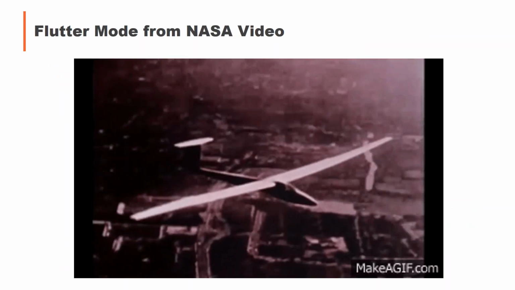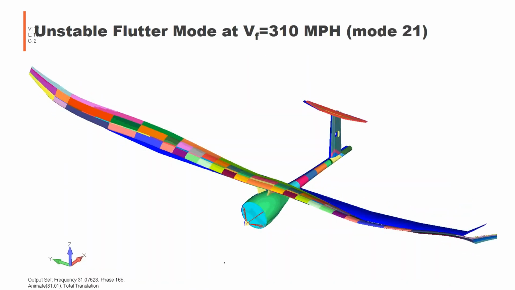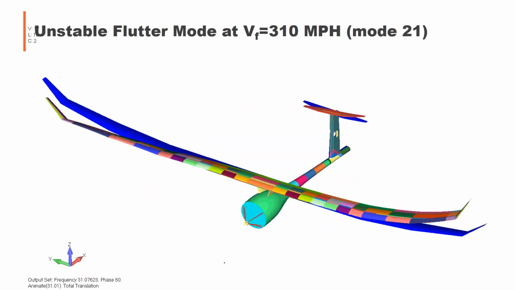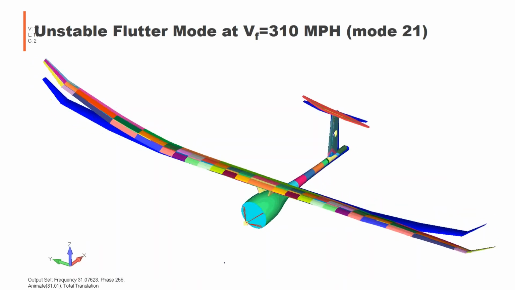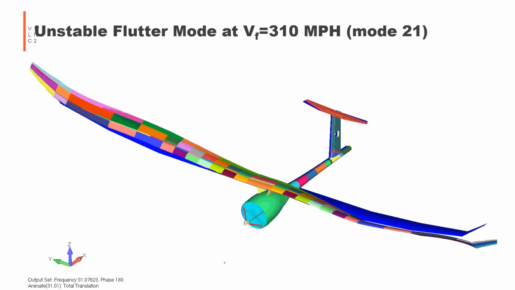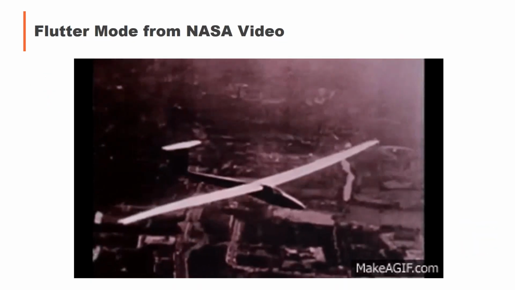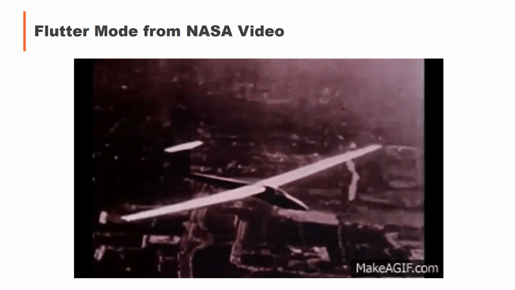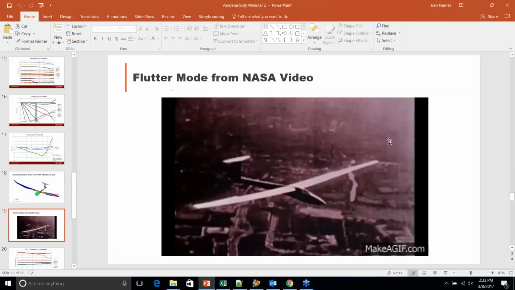But what I thought was really funny is if we compare the flutter mode of one of those aircraft in that video, you see it looks a lot like the flutter mode that we're exhibiting, which makes sense. They're very similar aircraft. They have very similar layouts. It's no mistake that we're seeing such a similar flutter mode between these two. And as you can see, this is live footage, so this was recorded by NASA a while ago.